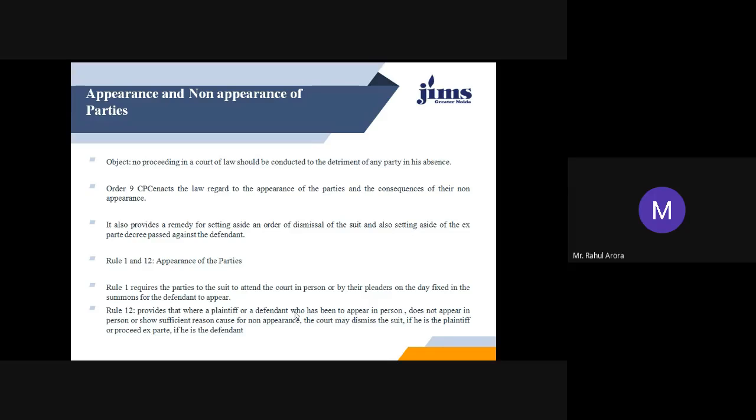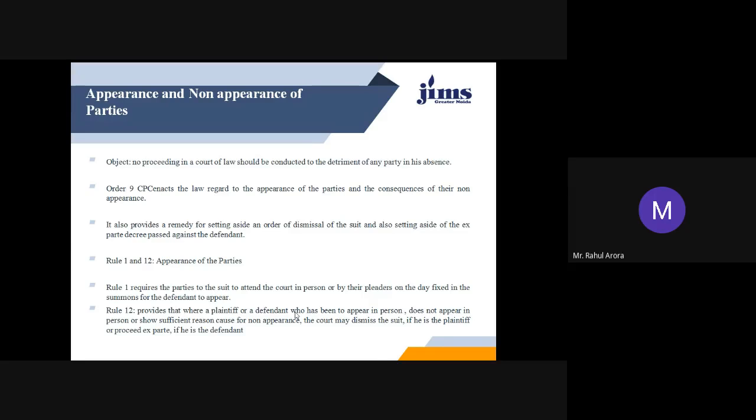And Rule 12 provides that where a plaintiff or a defendant who has been ordered to appear in person does not appear in person or show sufficient cause for non-appearance, the court may dismiss the suit if he is the plaintiff or proceed ex parte if he is the defendant.